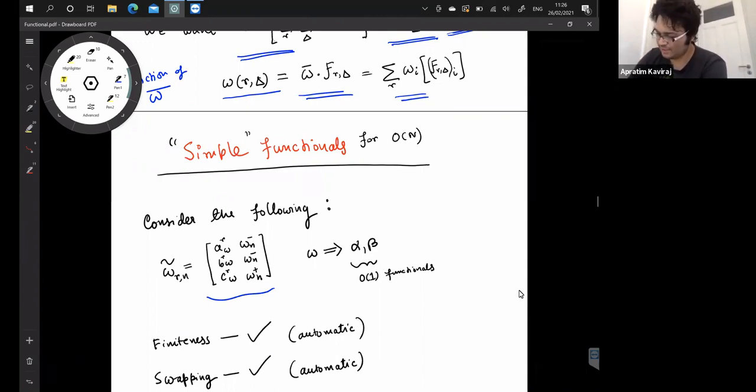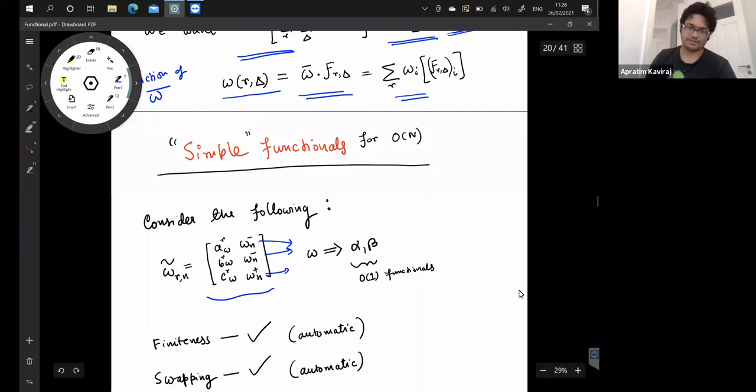The first component is omega minus, the alpha minus and beta minus guys, which I showed you before, the analytic functionals, and the third guy is a plus type analytic functional.